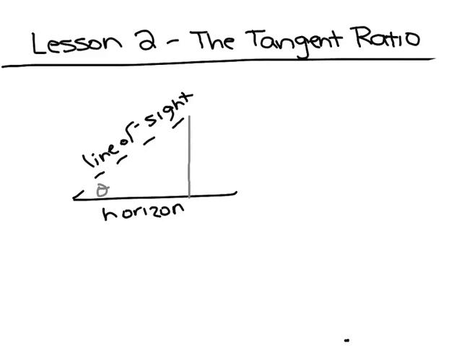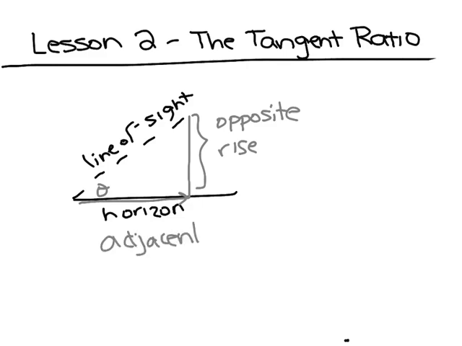The height from here to here is your rise, which is your opposite. The horizon itself should be your adjacent, and the line of sight is the hypotenuse, because your right triangle is made right here.